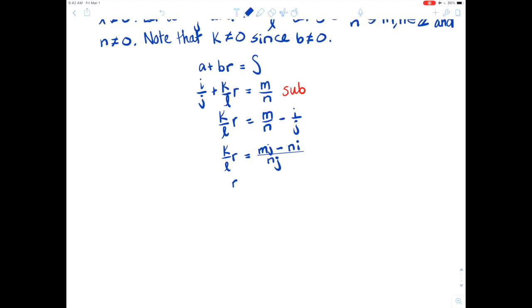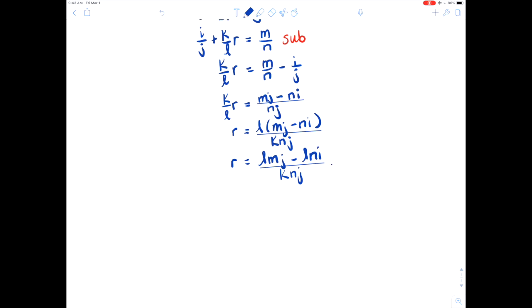We've already shown that K is not 0, so we're good to go. So we will get L times MJ minus NI all over N times J, and then we have our K going on too. Okay, well, it's the same old deal. Actually, we'll do one more step. We'll say R is equal to L times M times J minus L times N times I over K times N times J.